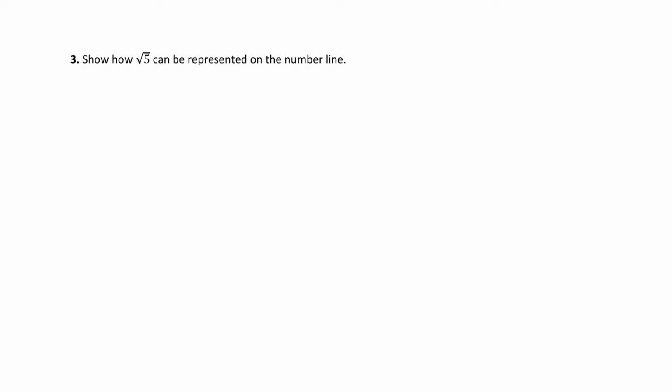So next one is: show how square root of 5 can be represented on the number line. Let's represent square root of 5 on the number line. First, let's draw a number line.